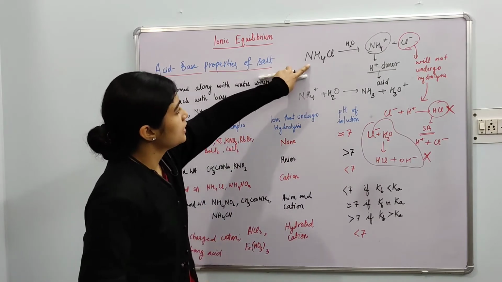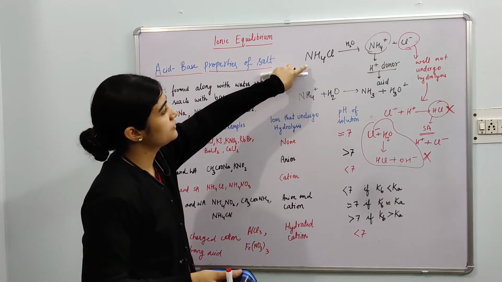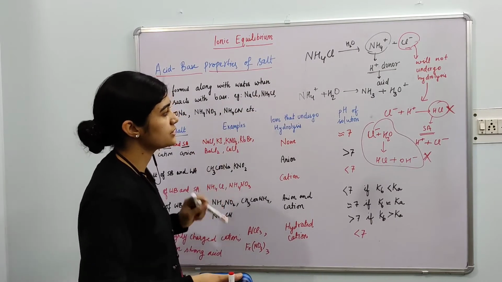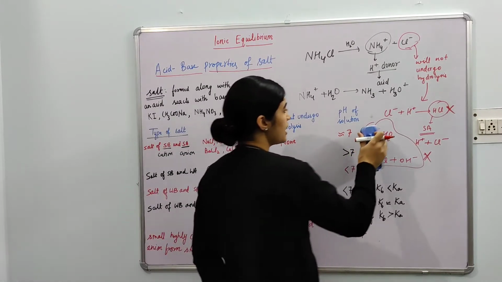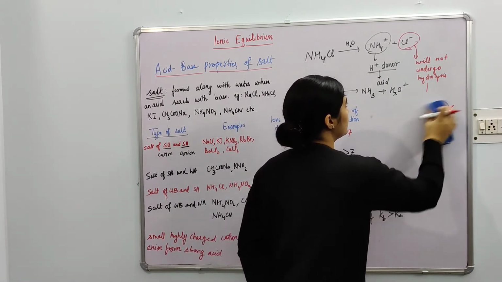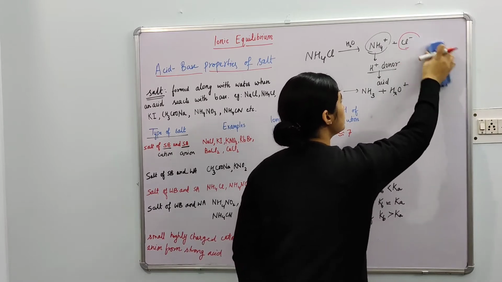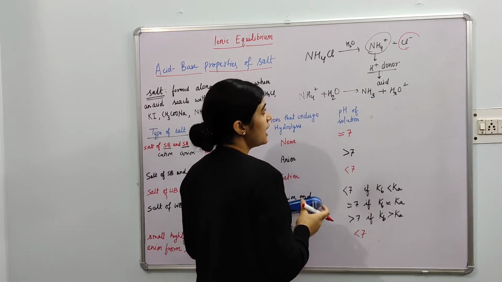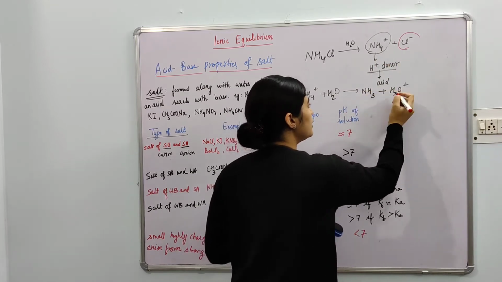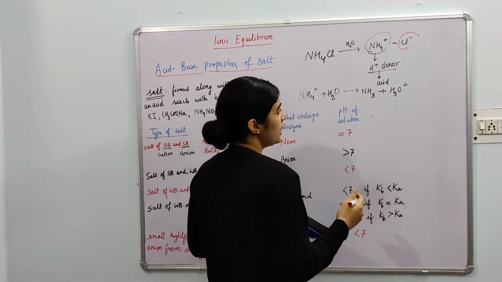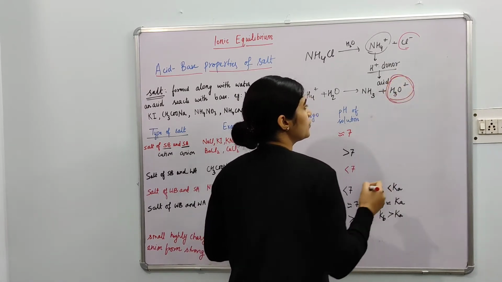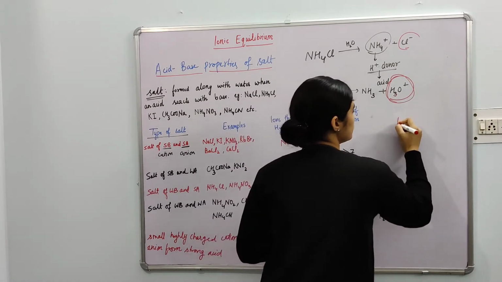Only the NH4 positive, or only the cationic part, will undergo hydrolysis. Now what will happen when the hydrolysis occurs? Your Cl negative will be present in the form of Cl negative only, and your NH4 positive will break down into ammonia and donate a proton to the water molecule, and you will have protons in excess.